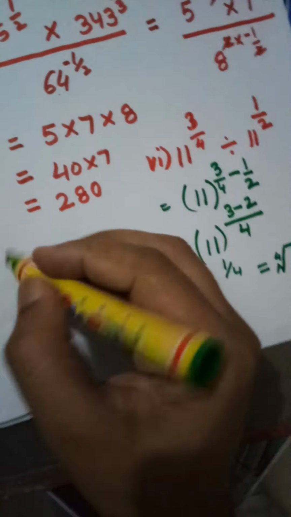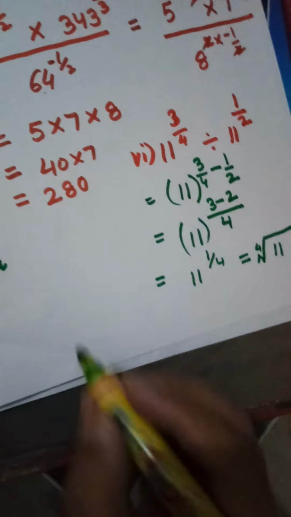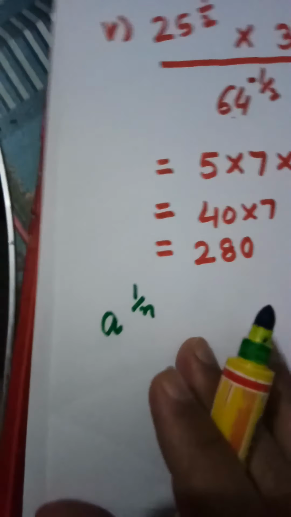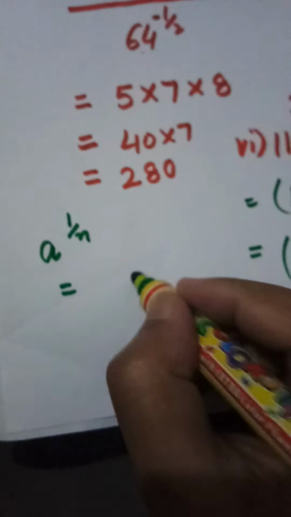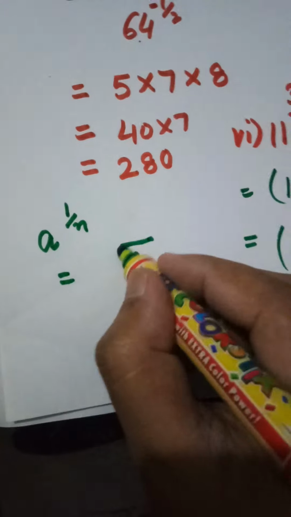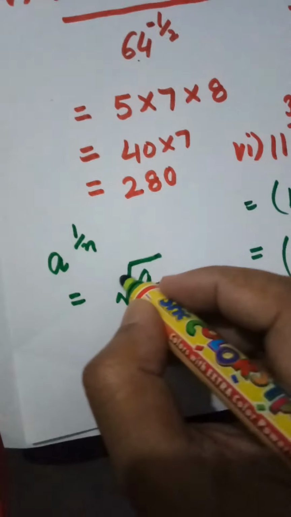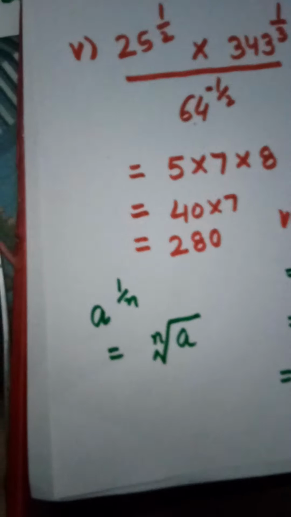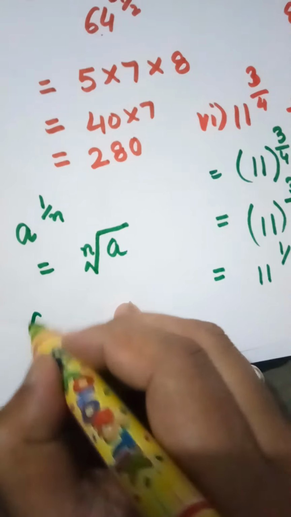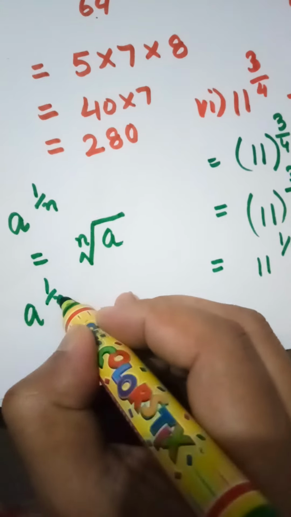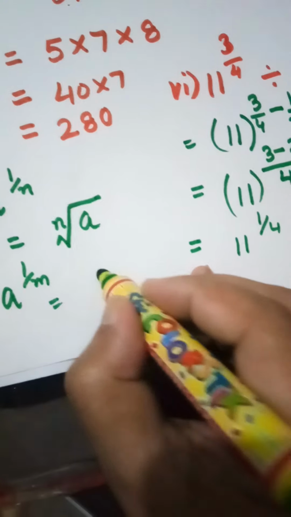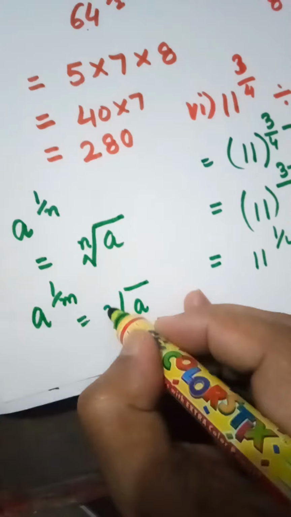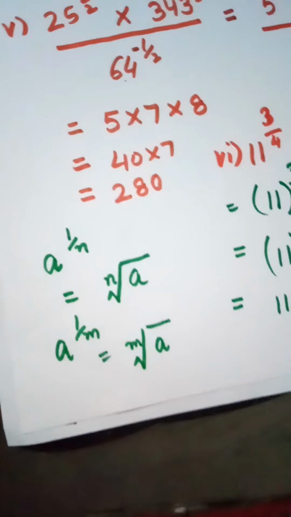So we can say that a raised to power 1 upon n is equal to the nth root of a. I hope I am clear on this. Similarly, a raised to power 1 upon m can be written as the mth root of a.